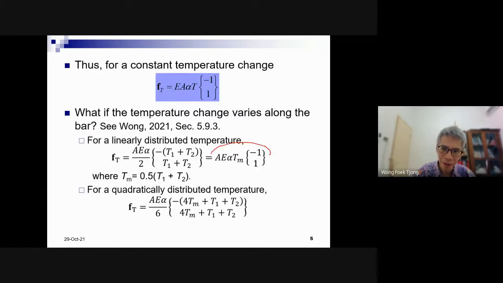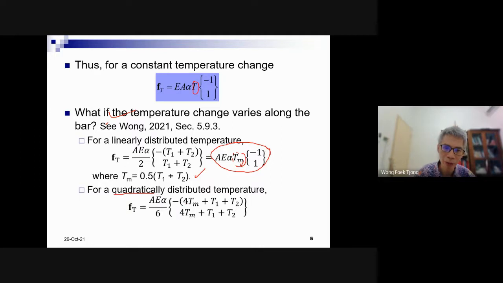It's very pleasing because it is similar, right? AE alpha just changes, and the temperature becomes a fresh temperature. So if you have a linearly distributed temperature change, don't worry. The formula is the same, just change the temperature here by the fresh temperature.